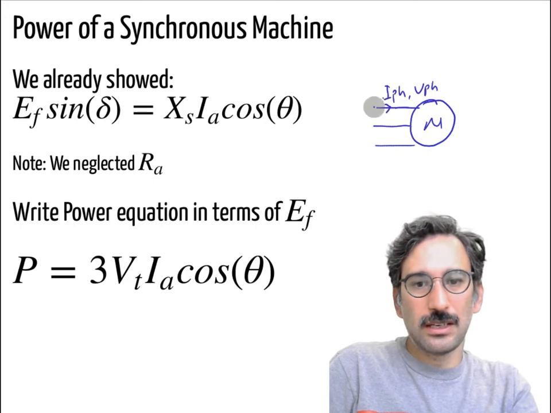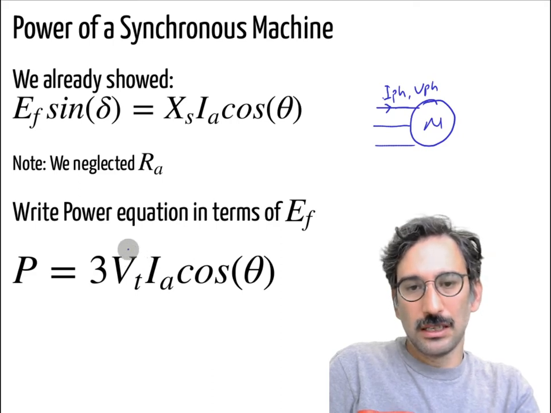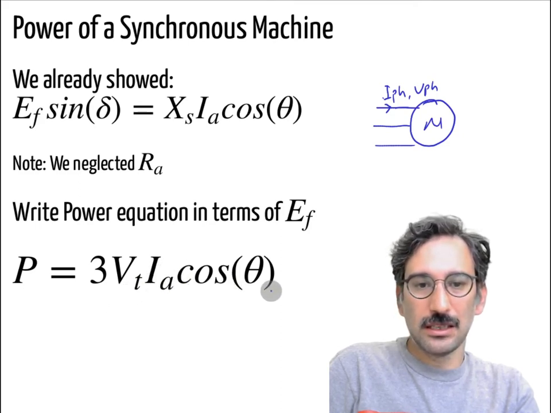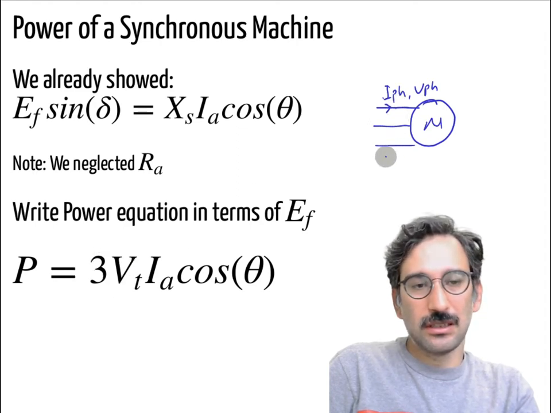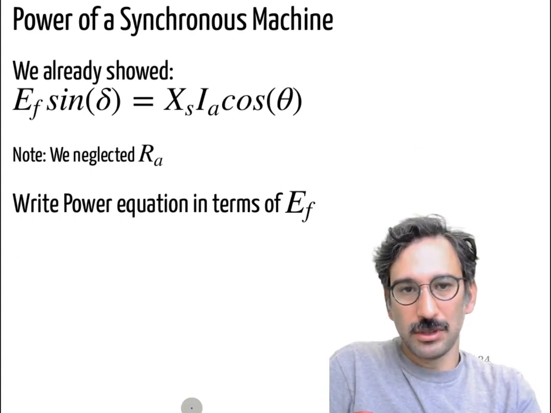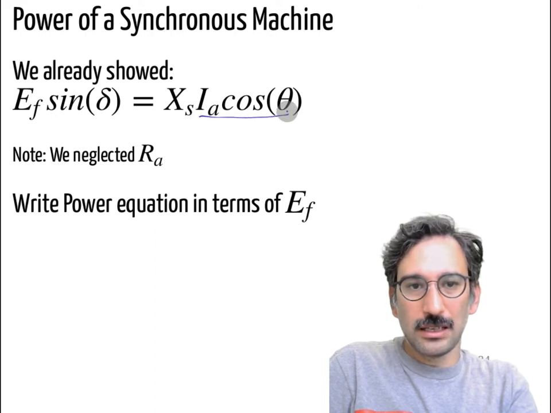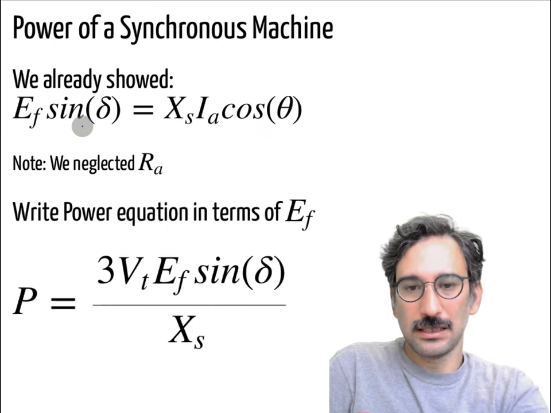For each phase, in the per phase equivalent circuit, terminal voltage times current times cos theta is the per phase power, and I multiply by 3 because it's a 3-phase machine. The total power is 3 times VT times IA cos theta. From the previous relation, instead of IA cos theta, I can write EF sine delta divided by XS.